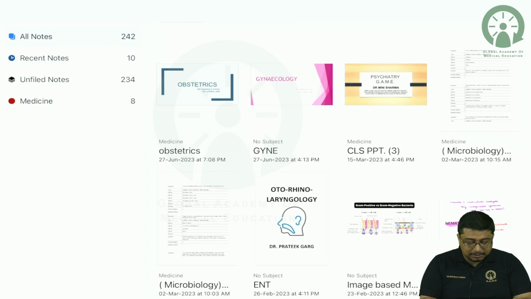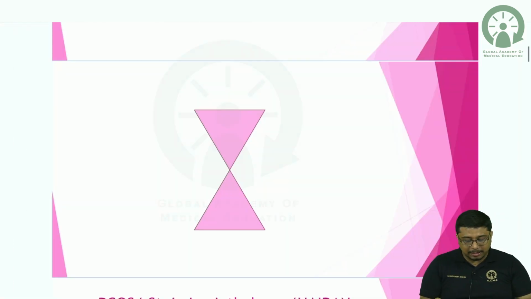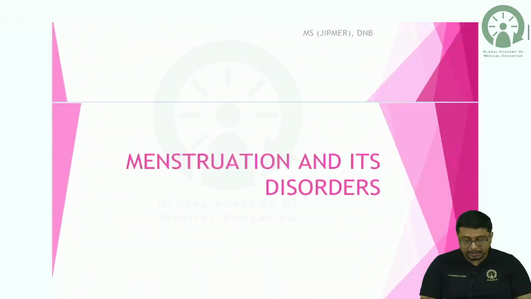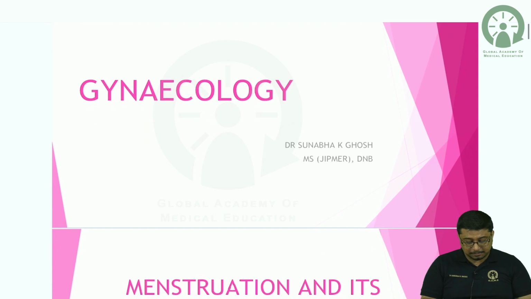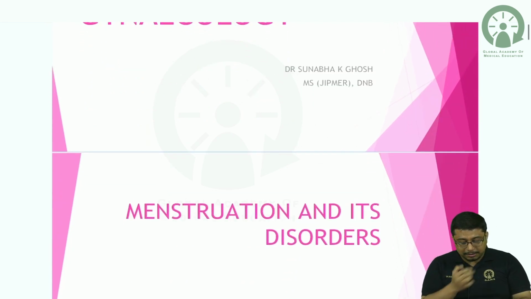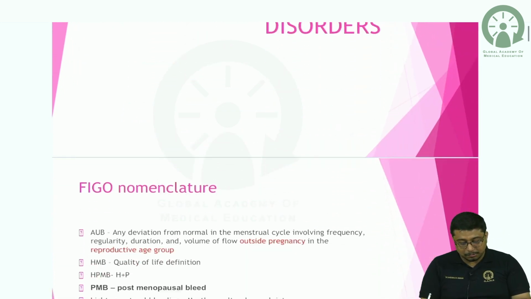Okay. So with this we conclude the session on obstetrics, and now we carry on our discussion to gynecology. In gynecology, what is most important is menstruation and its disorders.